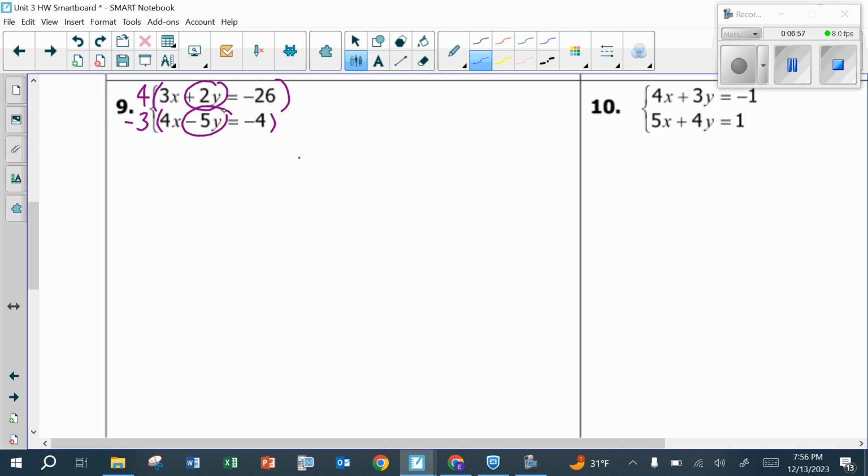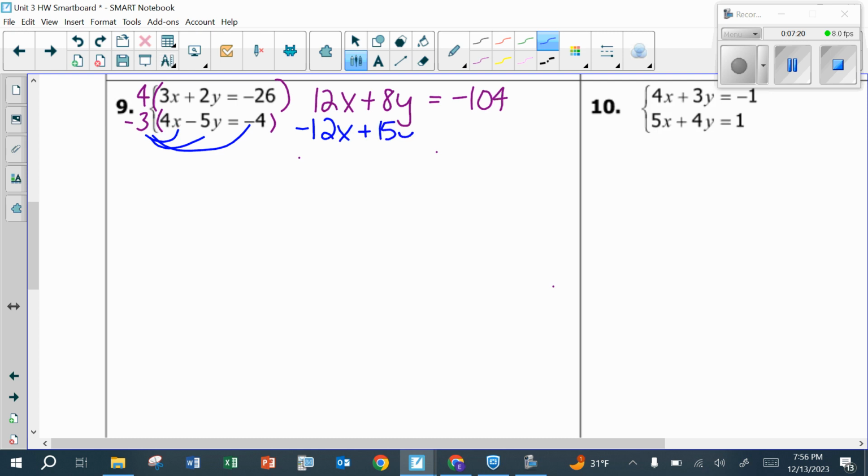Those opposite coefficients. I always just do the front ones. So we got 12x plus 8y equals negative 26 times 4 is negative 104. So make sure you don't forget to distribute across all 3 terms. So negative 12x plus 15y equals positive 12.